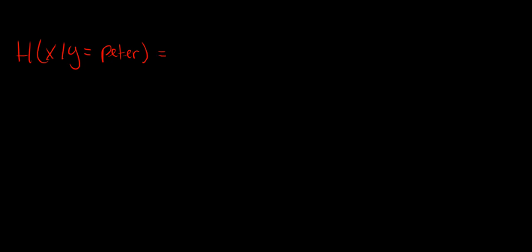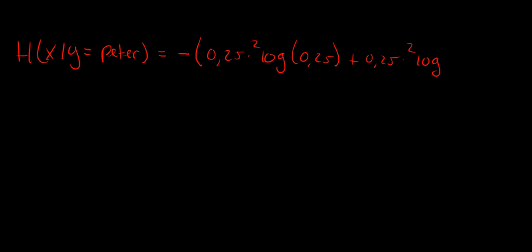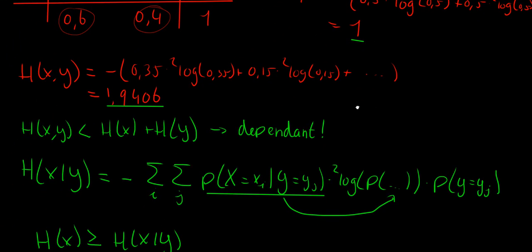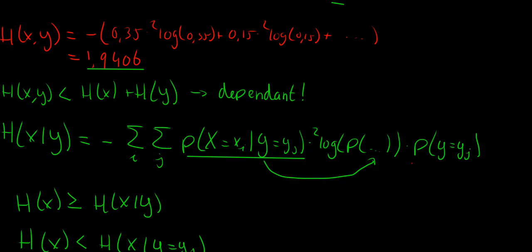If we calculate this value, all we have to do is minus, looking at those values, 0.25 times the 2 log of 0.25 plus 0.25 times the 2 log of 0.25.